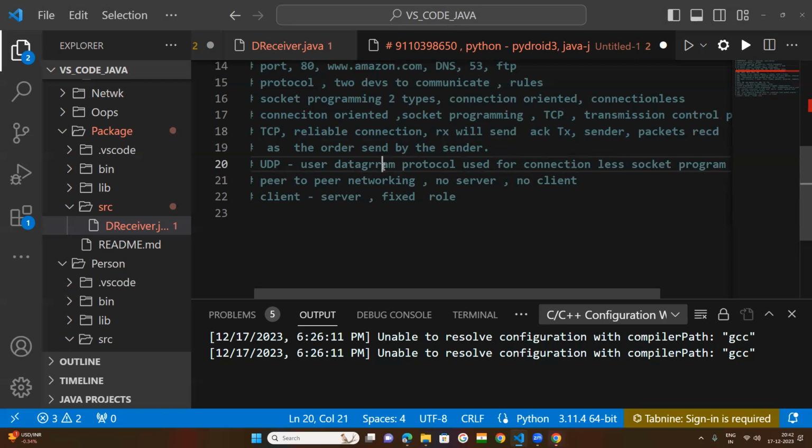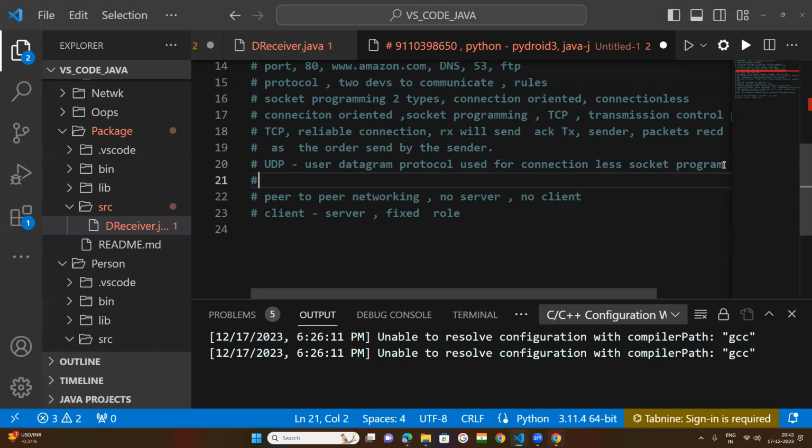Connectionless datagram. So what are the features of User Datagram Protocol? Here there is no guarantee for the packets; they are called datagrams. There is no acknowledgement, so it is not reliable communication. Datagrams can be received in any order.